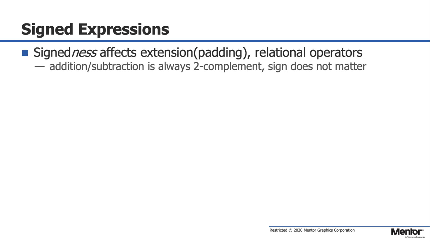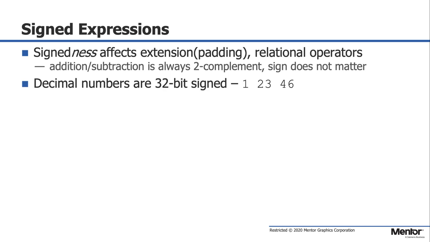Now let's turn our attention to signed expressions. The signedness of an expression affects how it gets extended or padded with zeros, and it also affects relational operators. It's important to note that addition and subtraction, or the arithmetic operators, is always performed with 2's complement arithmetic, and the signedness of an expression does not matter.